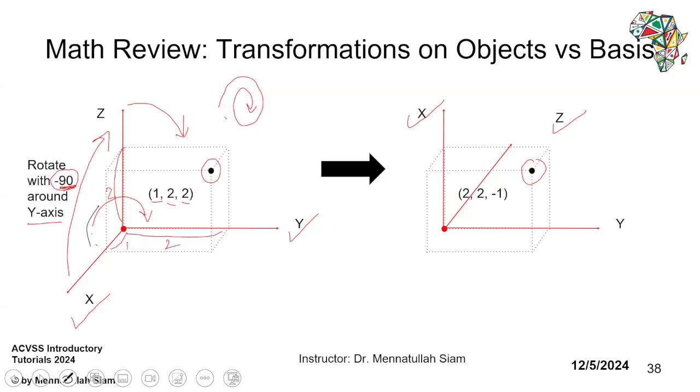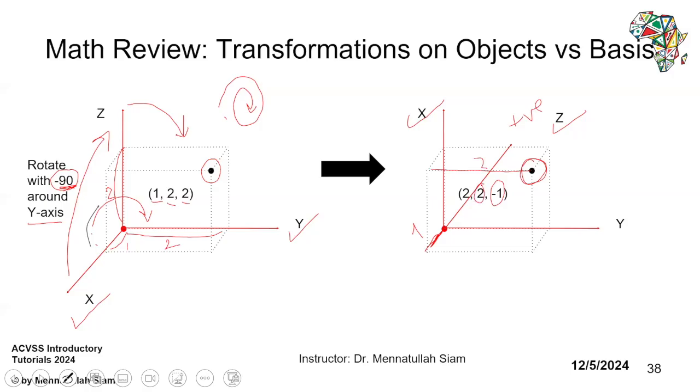If you look at the updated point, you will find this is the positive of the z, and I know that this is length 1, but it's in the negative direction, so the z now became negative 1. And this part we know is length 2, which is the y.